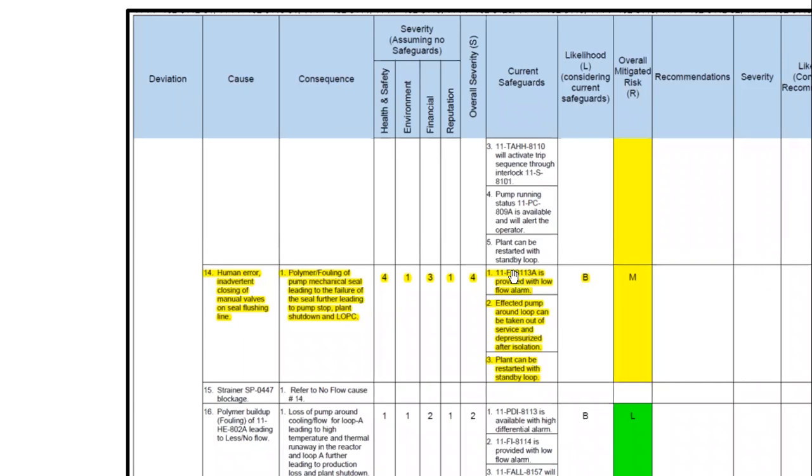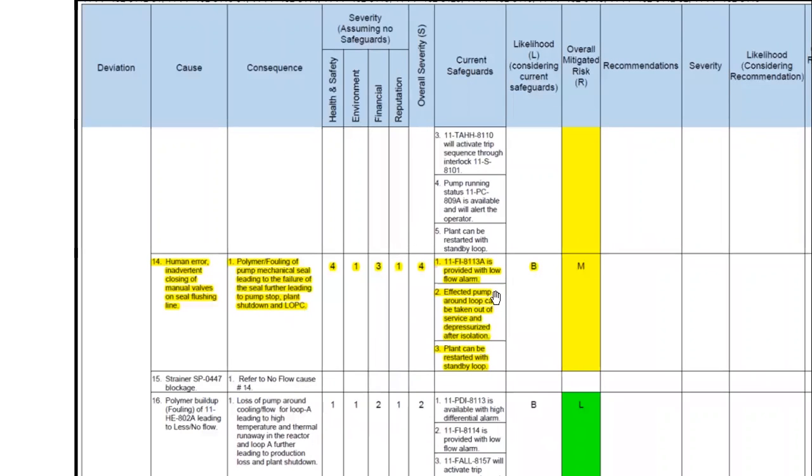And then current safeguards: how many safeguards are there to protect against that scenario. All the safeguards which are listed in HAZOP, we cannot credit them in LOPA. There are certain rules which we have to follow, and there are certain limitations.